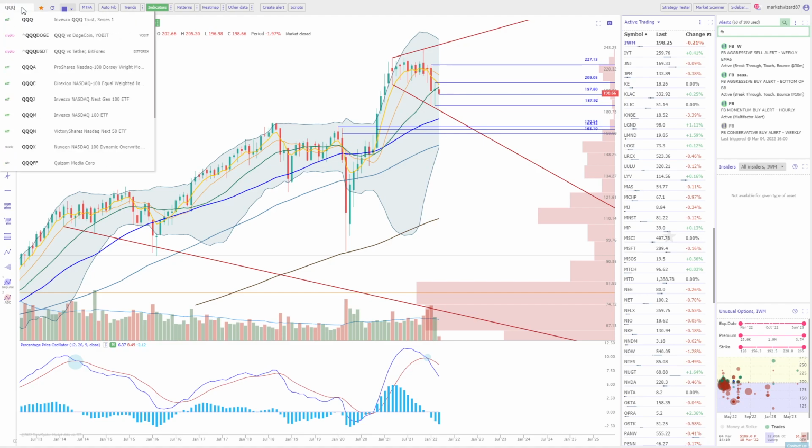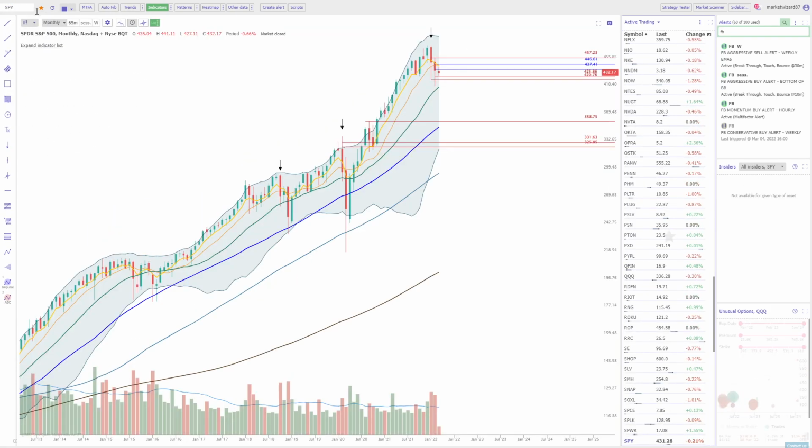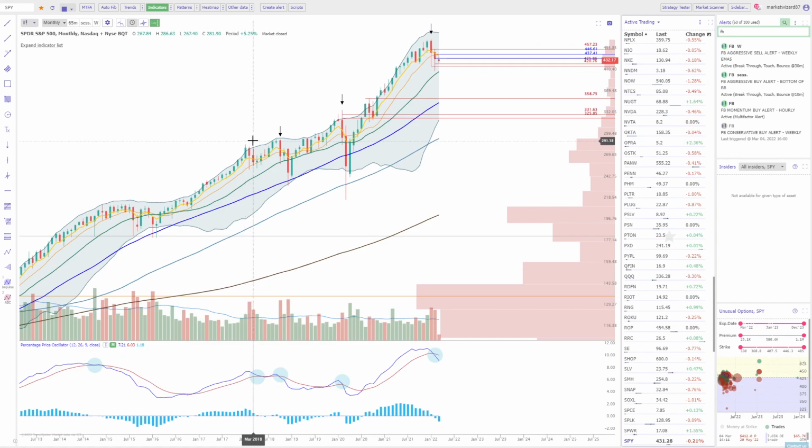Qs haven't had a high in 3 or 4 months. I mean, this is a bear market. There's no other way to say it. And the way that I've been tracking it, the riskier things like the pot stocks, they topped here.